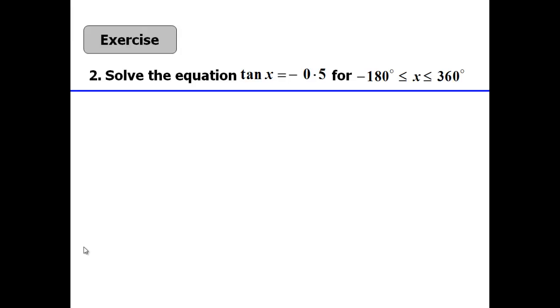Solving the equation tan x equals minus 0.5, we're looking for all the values between minus 180 and 360. We get minus 27 degrees as our principal value, and we know that the only other values we can get with the tan graph are by adding or subtracting 180 degrees.